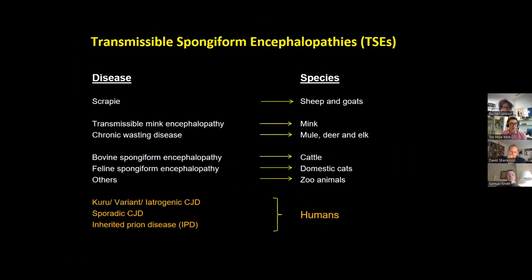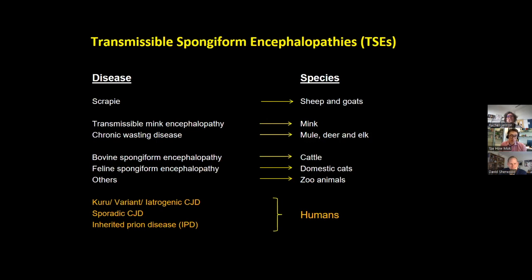The prion diseases are also known as transmissible spongiform encephalopathies. It doesn't only affect humans, and you can find it across several species. The oldest described prion disease is actually scrapie in sheep and goats, going back a few centuries.